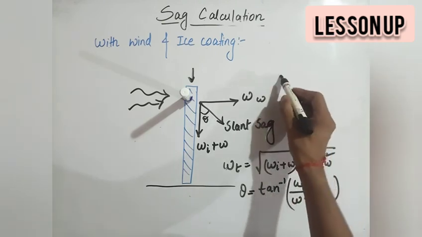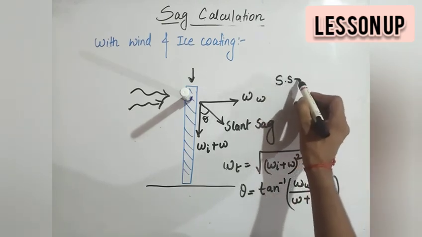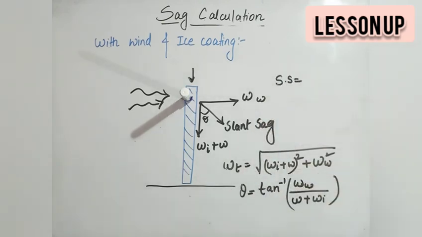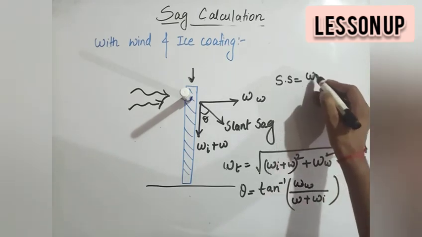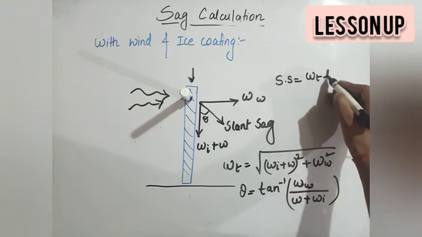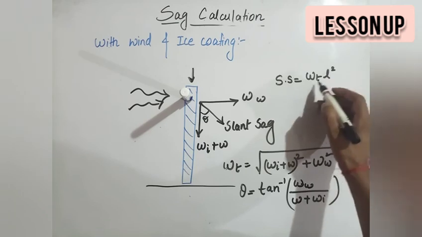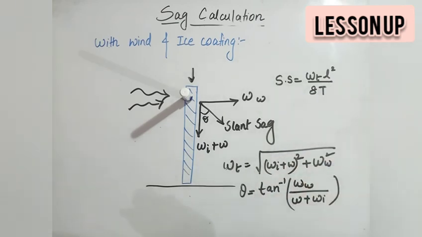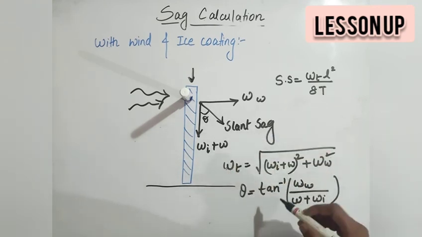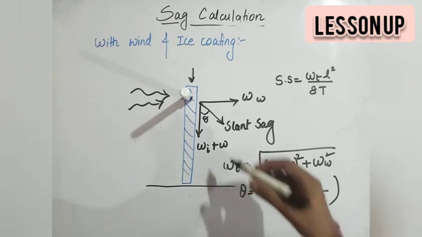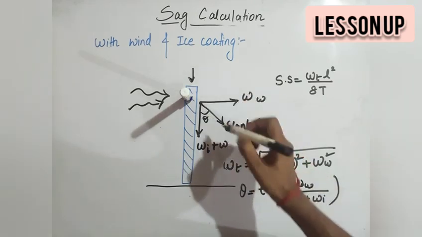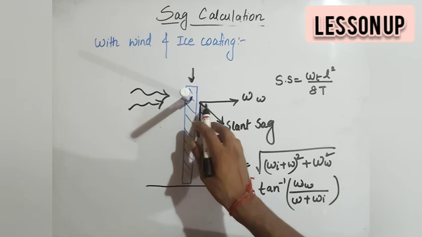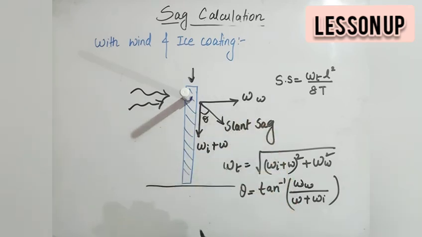Now slant sag will be equal to the resultant weight into L square divided by 8T. So this slant sag has two components. One sag you experience in the vertical direction, another sag you will experience in the horizontal direction.